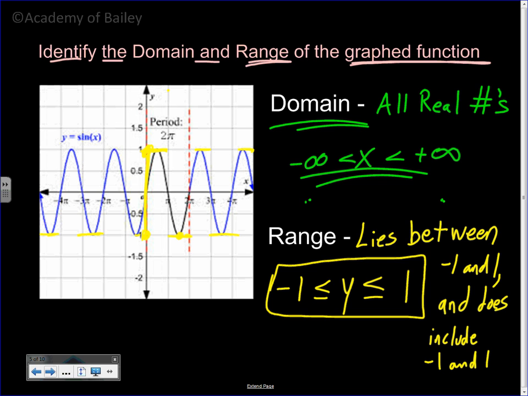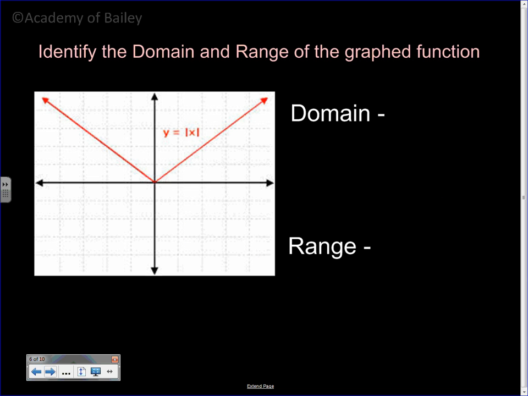Okay, that was the first example. Now looking here, domain and range. Here's the function, y equals the absolute value of x. So let's look at the x values, talking left and right when we talk about domain. So we notice that this function keeps going on and on forever in the right direction.